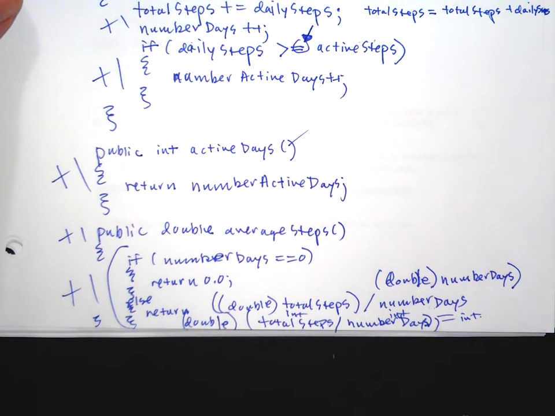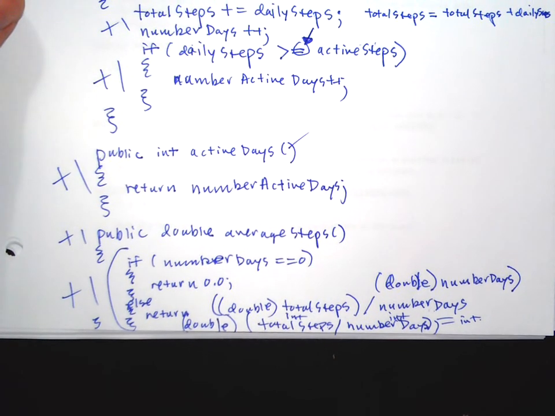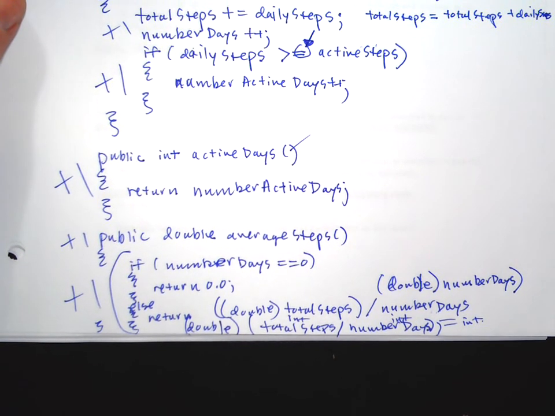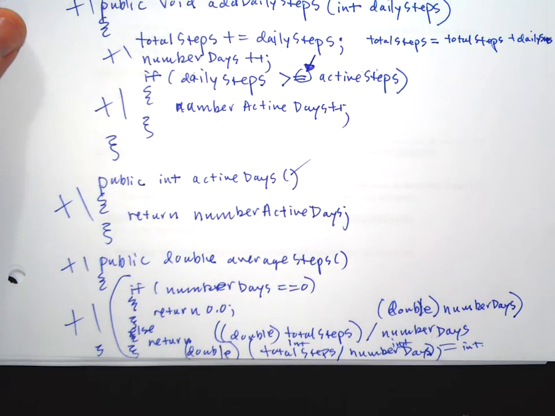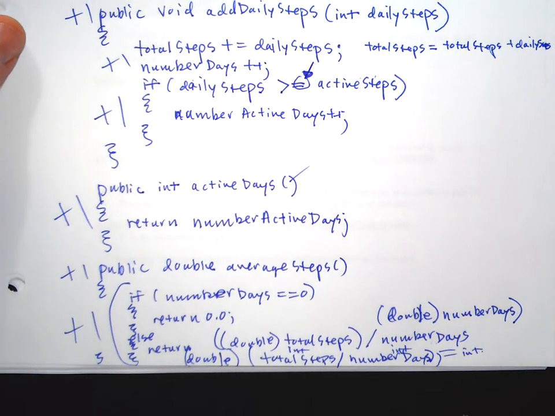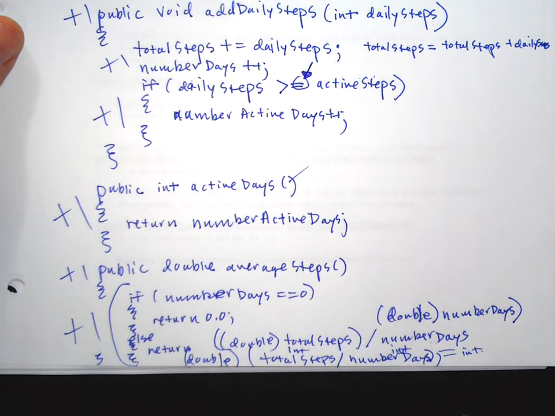I think this is a problem that if you get anything like this on your AP test in a week and a half, hopefully this is one that you get a lot of points on. There wasn't a whole lot of complicated algorithm stuff in here.